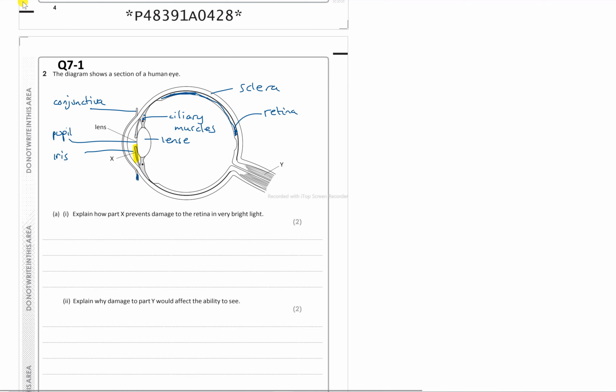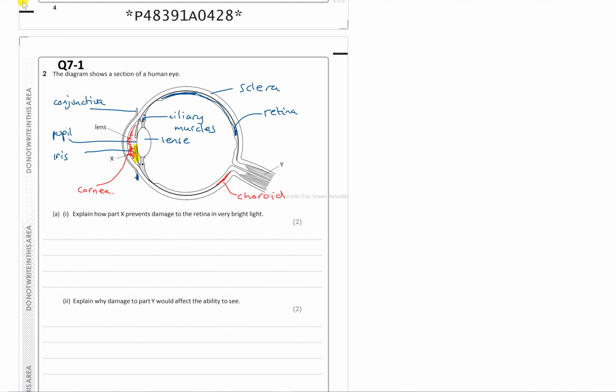And then there's this black bit here, can you see that? That there is the choroid. You've got conjunctiva, lens, iris, pupil, and then this bit here is the cornea. It allows light through.